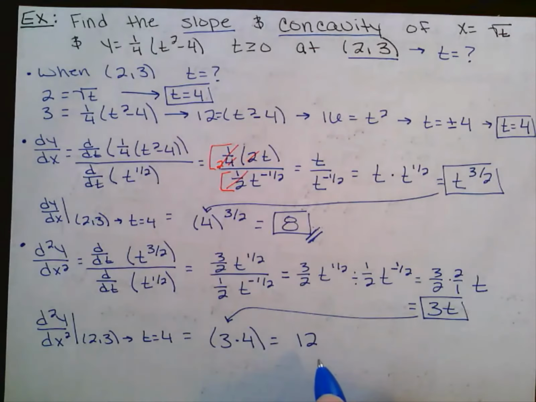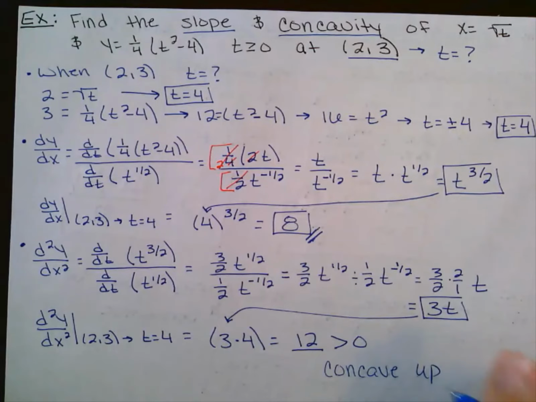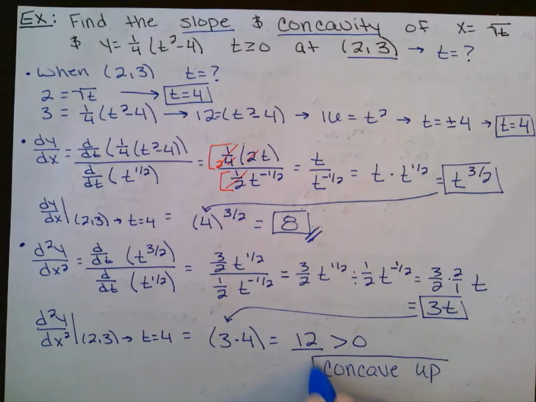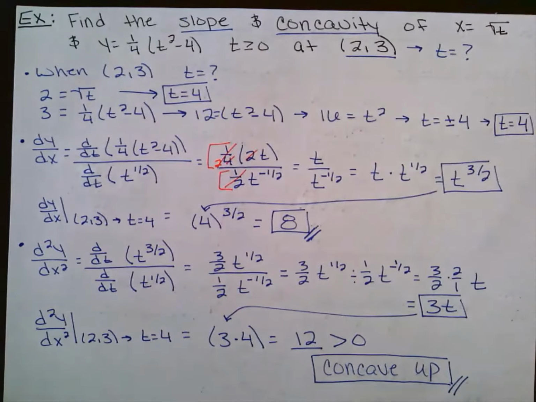Okay? Now, because my second derivative came out positive, my concavity is concave up. And we are done with this question.